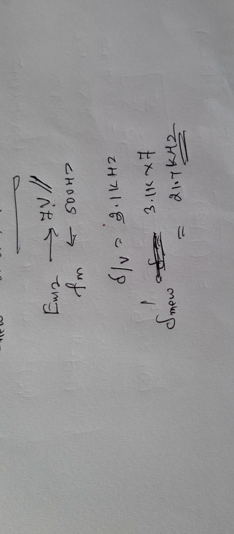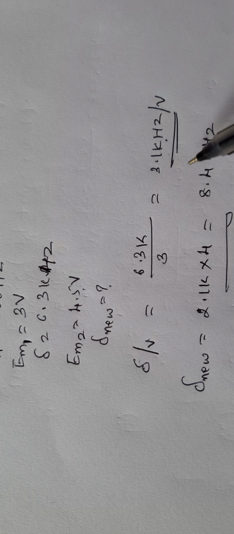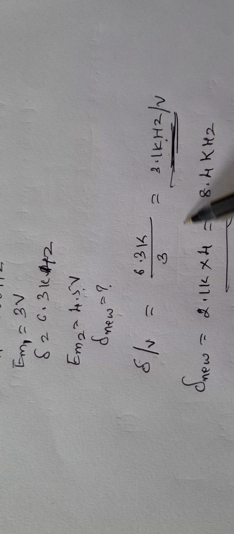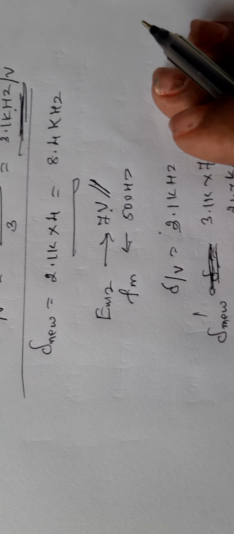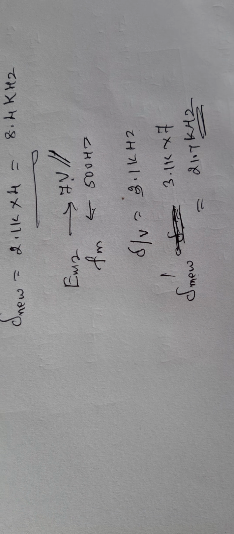Now we have to calculate the modulation index in each case. Modulation index in the first case. For the first one, the frequency is 800 Hz. Therefore, MF is equal to, we know that it is delta divided by FM.